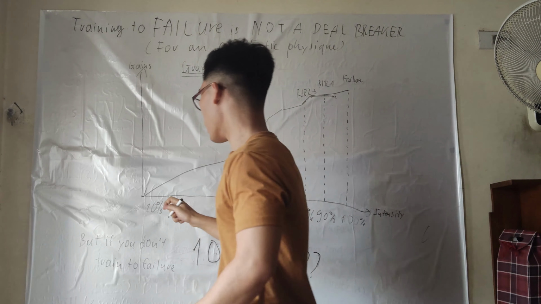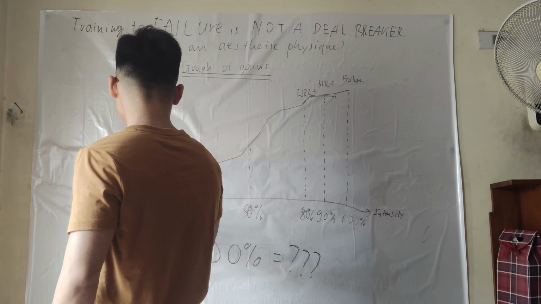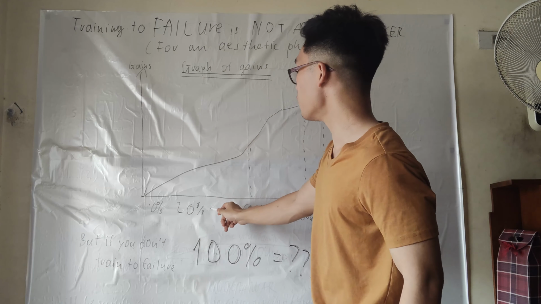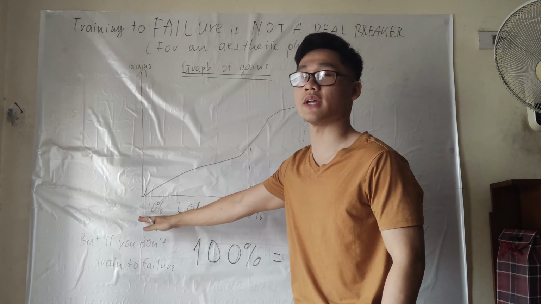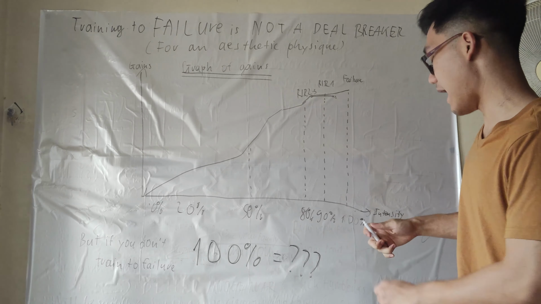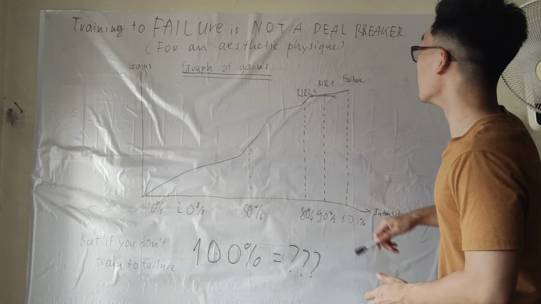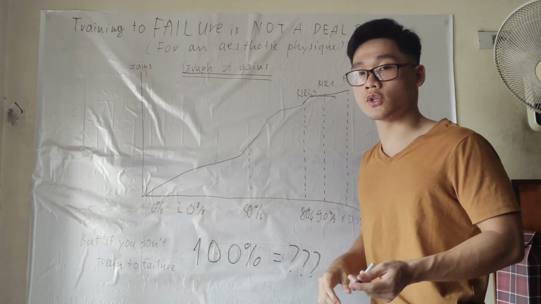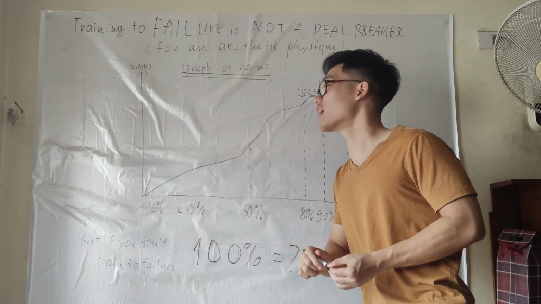So around 0% to around 20%, and we got a few marks over here. You can just imagine this to be 0 to 100% intensity, and 100% intensity will be failure. That means you can't do a single rep anymore.